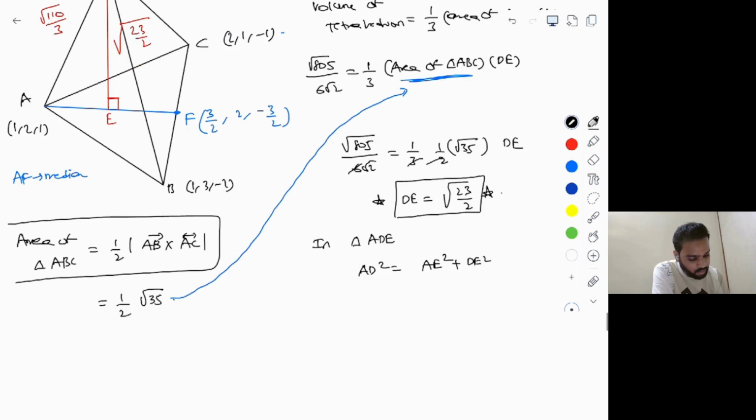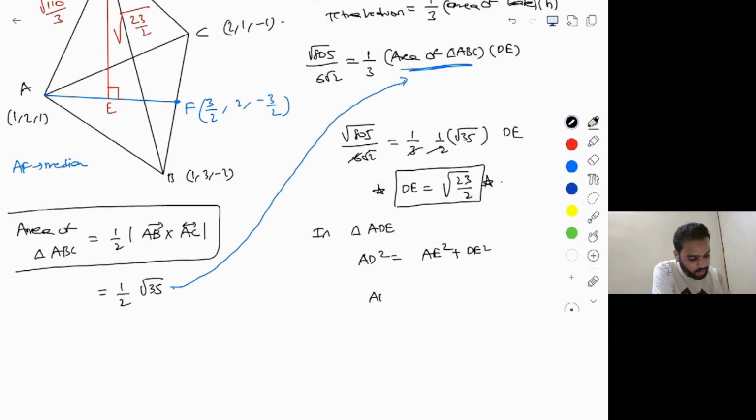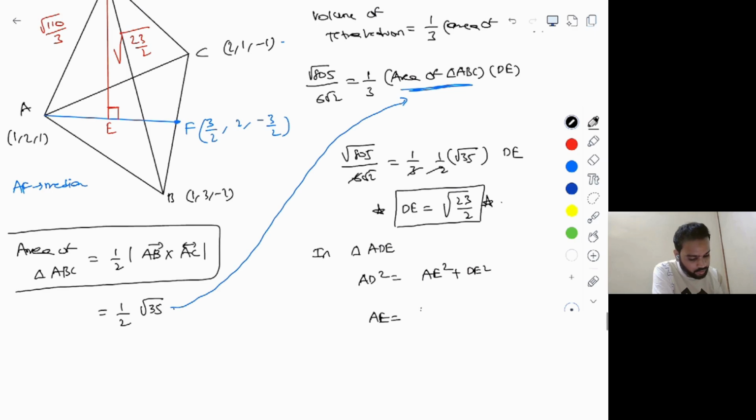And from there, I can get the value of AE here. AE is equal to, and AD square is already known to us in the question, that is 110 divided by 3, and this will be square root of 110 by 3 minus DE square. DE square is nothing but 23 divided by 2.